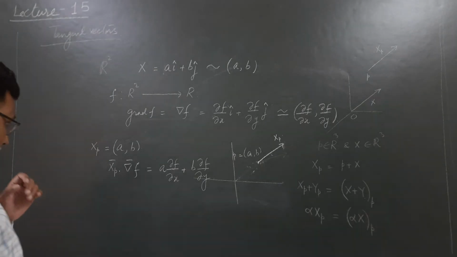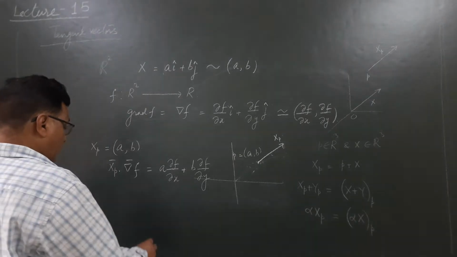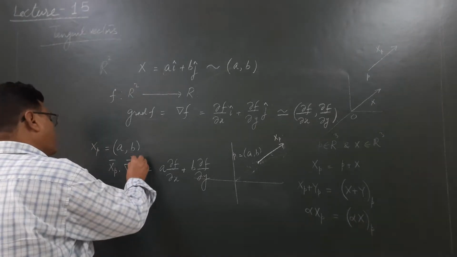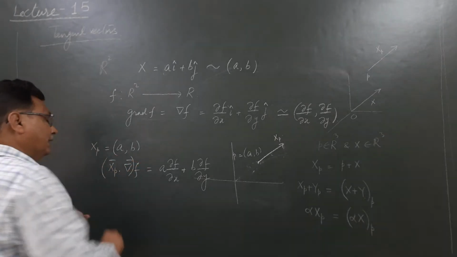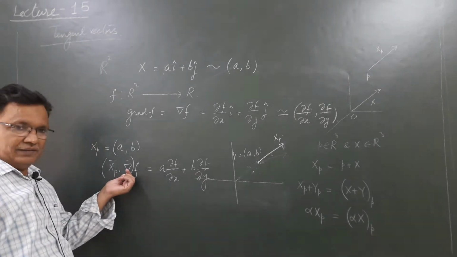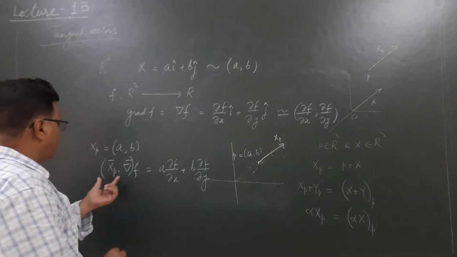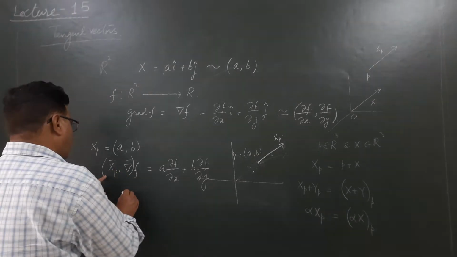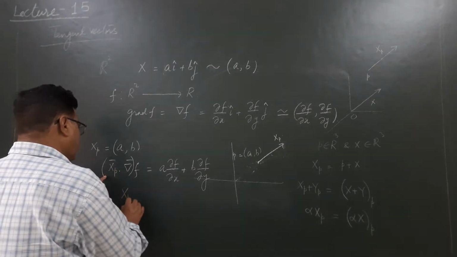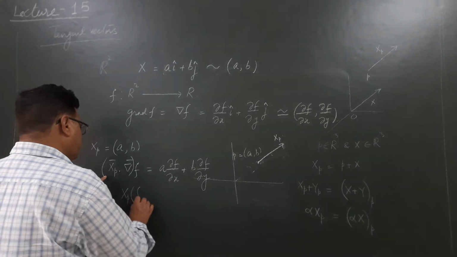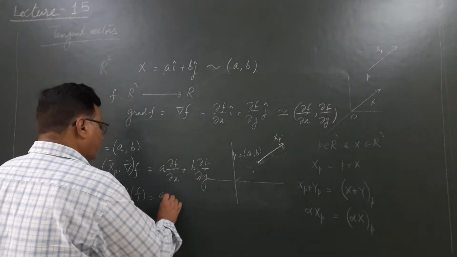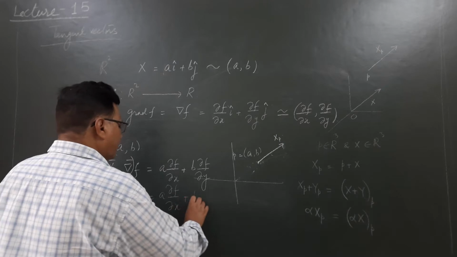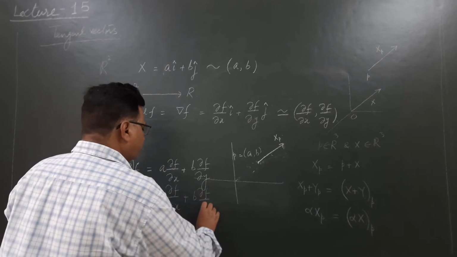So look here, I can consider this quantity Xp dot del. Gradient is an operator. Okay, so instead of writing Xp dot del f, I will write it down like this: Xp f equal to a times del f over del x plus b times del f over del y.